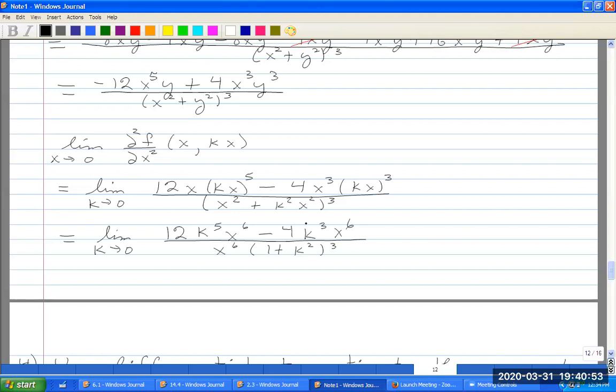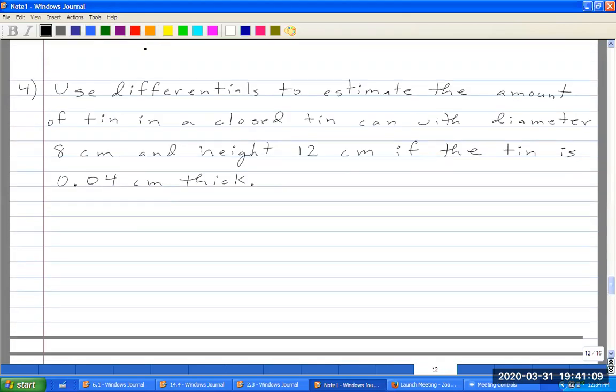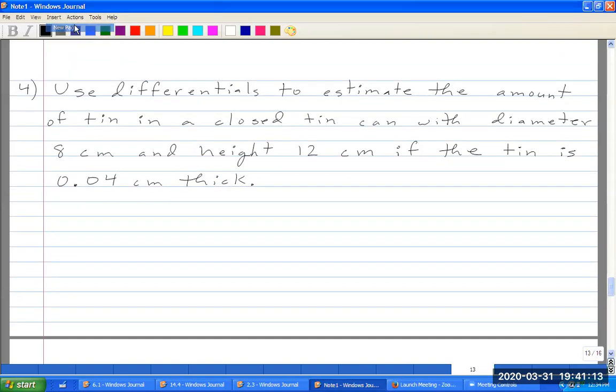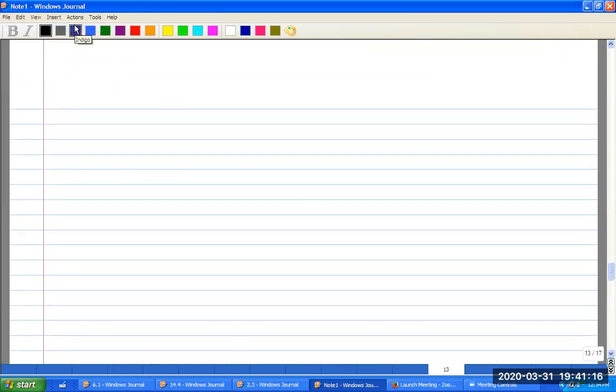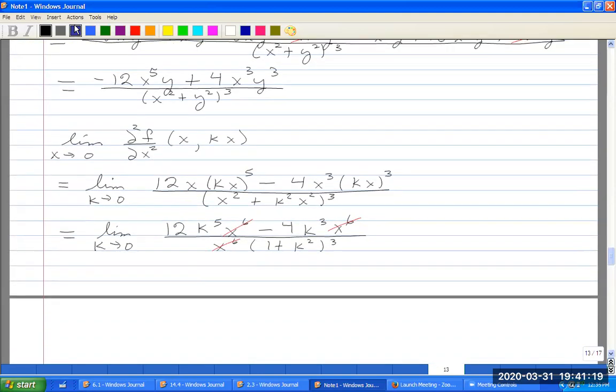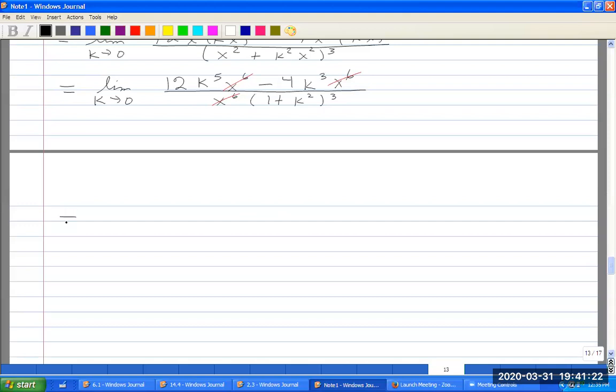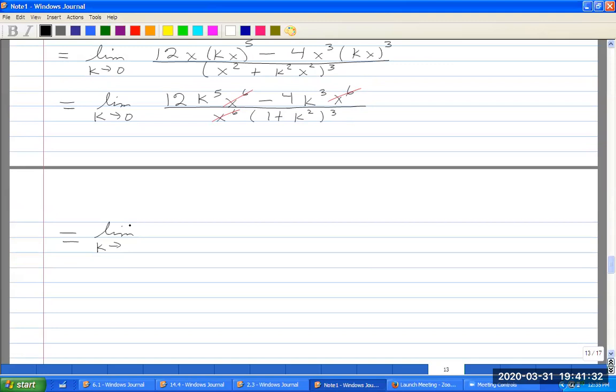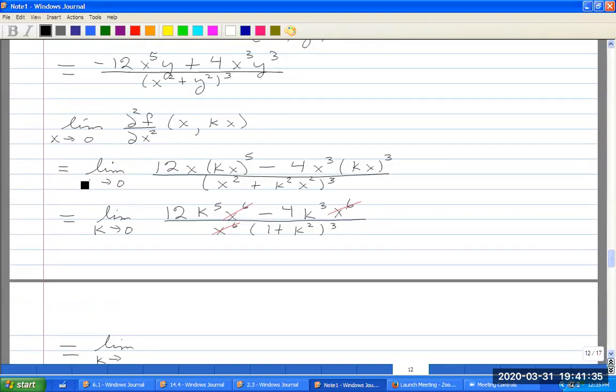Okay, so I can cancel out the x^6's. So this is equal to the limit as k goes, why is k going to 0?